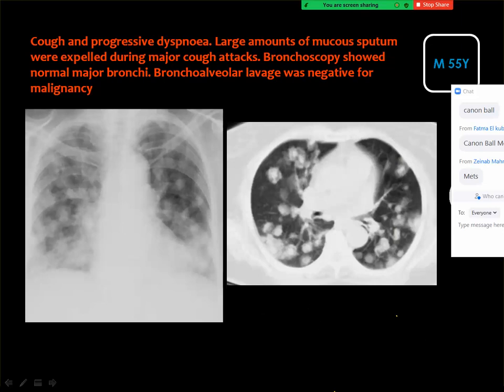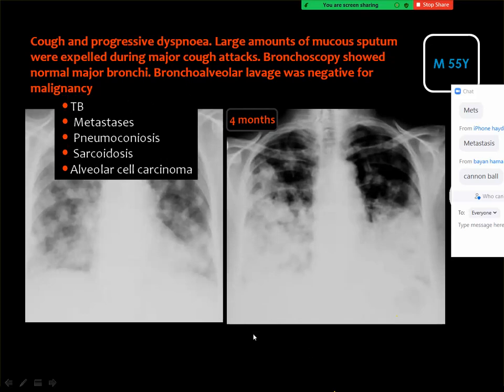Then your answers are in the direction of metastasis, and this is right because I always emphasize that the diagnosis of multiple pulmonary nodules or masses is in the direction of metastatic deposits.